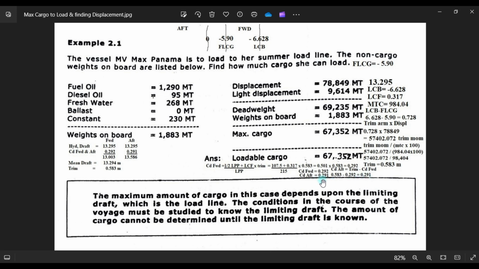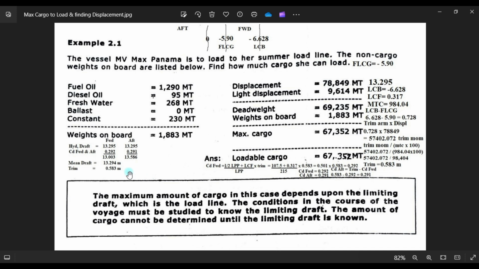Now you have your values: change of drop forward is 0.292 and change of drop aft is 0.291.